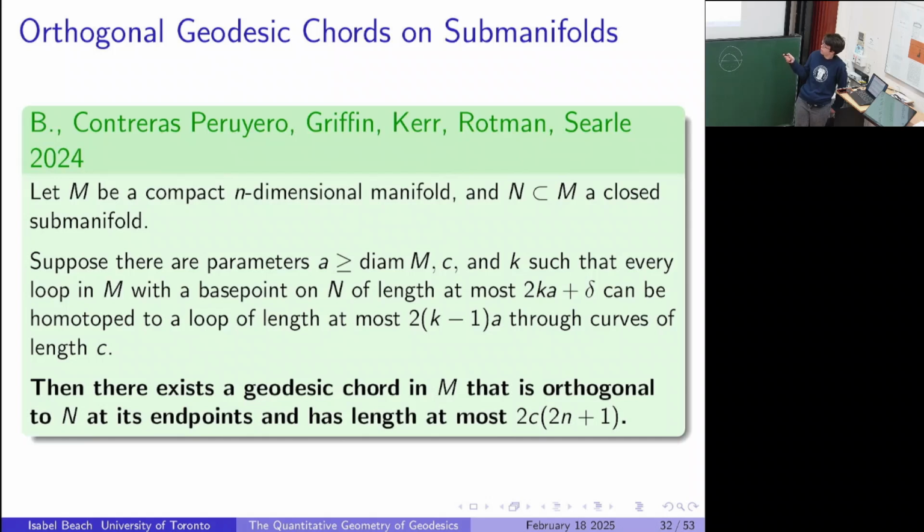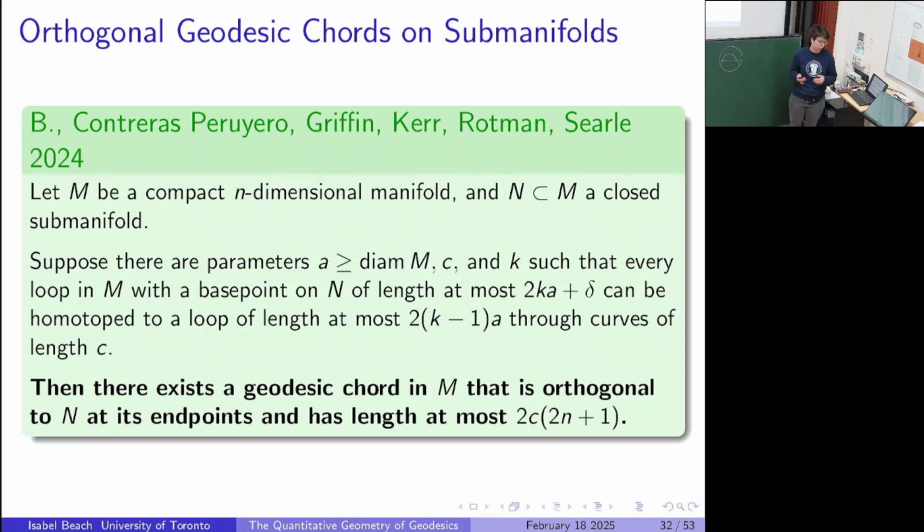And then we've got some complicated condition involving shortening loops. Essentially what we need is that if we have a very long loop in my manifold that is based at a point on my submanifold, I should be able to shorten it by a moderate amount, so at least maybe shorten it by the diameter, through curves of bounded length.